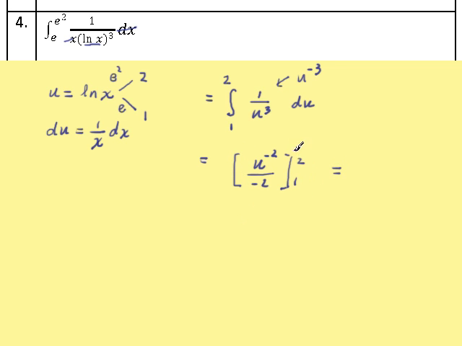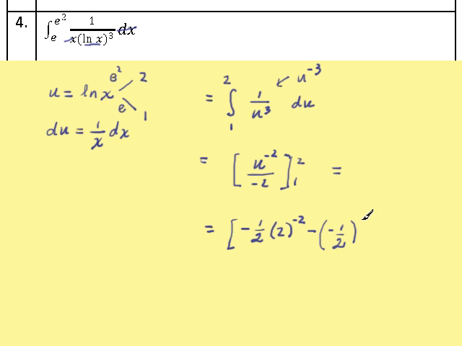Okay, so first let's substitute in 2. So there we have minus 1/2 and 2 to the minus 2. I'll just write it like this. And now we're going to subtract minus 1/2 and 1 to the minus 2.